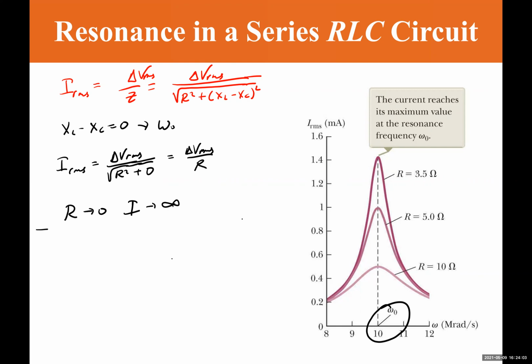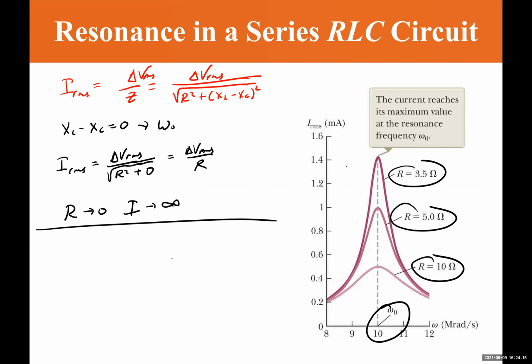Obviously, this doesn't really happen because there is no such thing as no resistance. There's always some resistance in the wires. But we can look at cases where you go from 10 ohm resistance to 5 ohm or to 3.5 ohm, which means the lower the resistance, the higher the current.